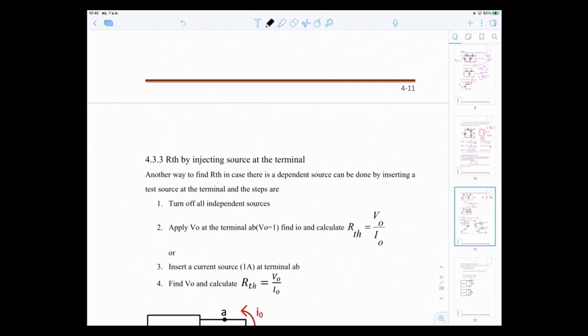If you have only dependent sources, to find RTH it can be done, but you have to put a test source into the problem.